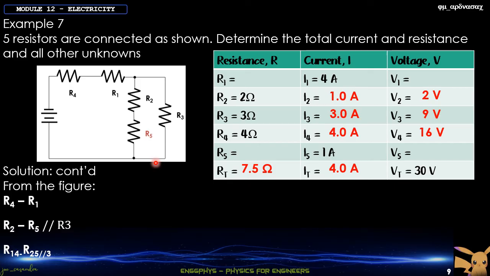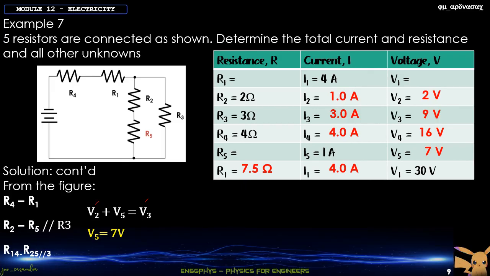So therefore, we could write that V2 plus V5 is equal to V3. So if we're going to check from our table, we are given already your V2 and we're also given your V3. So we could now compute for V5 as equal to 7 volts. Okay, so let's put that on the table.